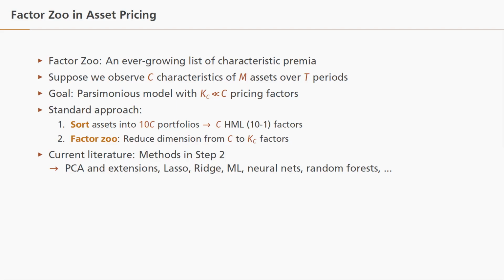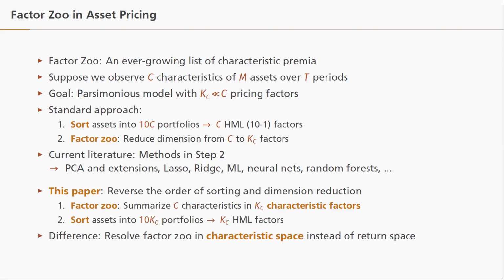So there's a very large literature that addresses this factor zoo, given that we have a large number of characteristics. In this paper, I will propose a different approach. Essentially, I'm going to reverse the order. Instead of first sorting and then doing the dimension reduction in the return space, I will first address the factor zoo in the characteristic space. So instead of having C characteristics, I will form KC characteristic factors, where KC is much smaller.